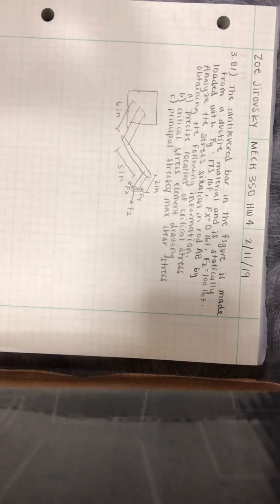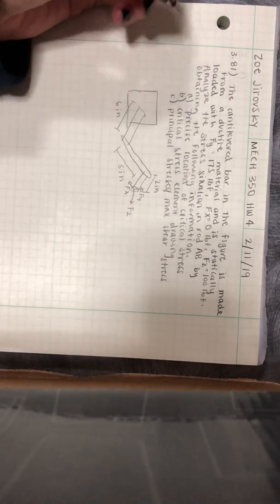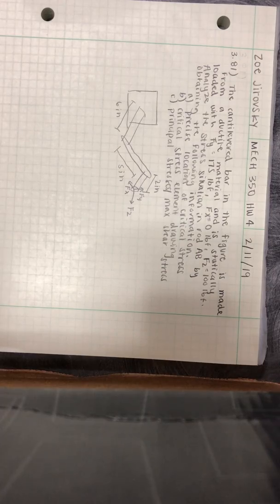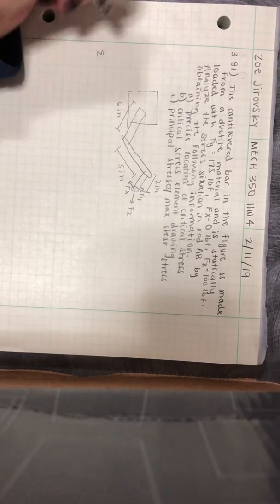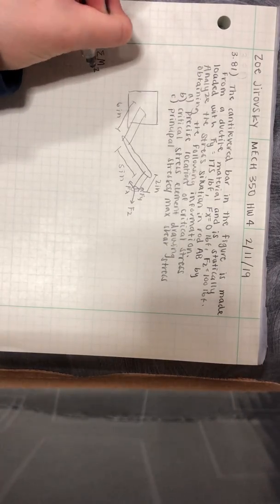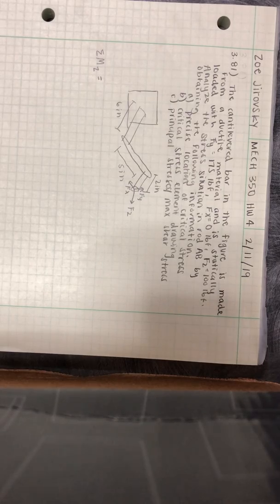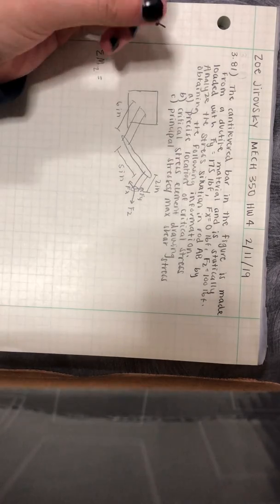So because Fx is 0, we're going to start off by taking the moment of one of the other two. I'll start with the moment around z.